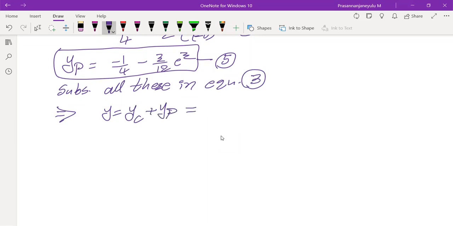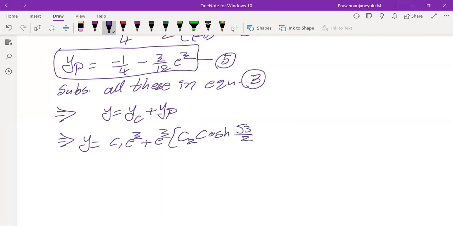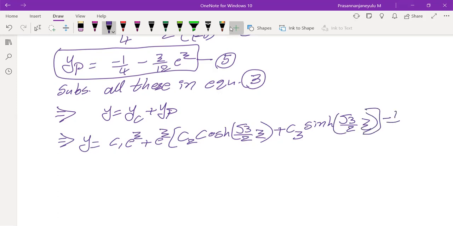What is yc? y is equals to c1 into e power z plus e power z into c2 into cos h of root 3 by 2 z plus c3 into sin h of root 3 by 2 of z plus yp. Yp is minus 1 by 4 minus z by 12 into e power z.